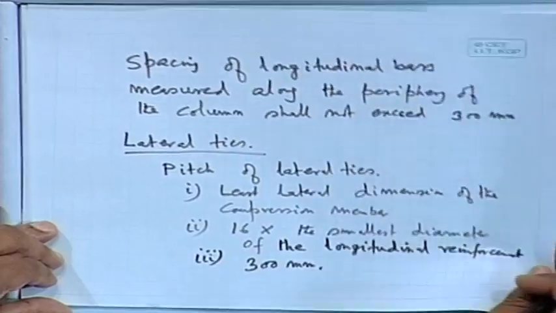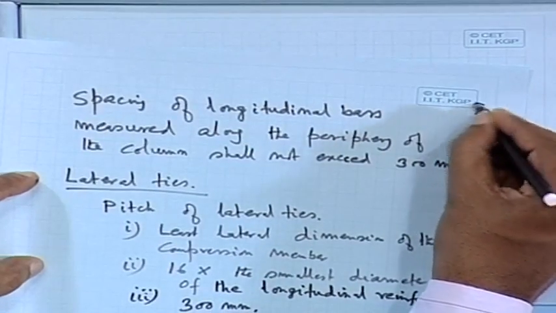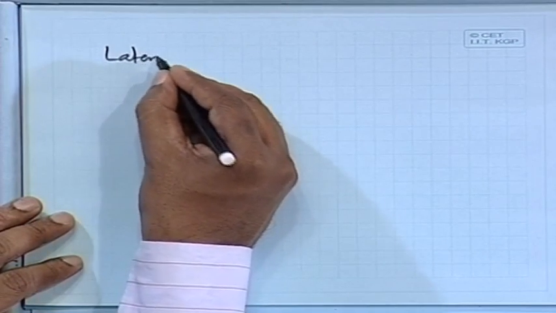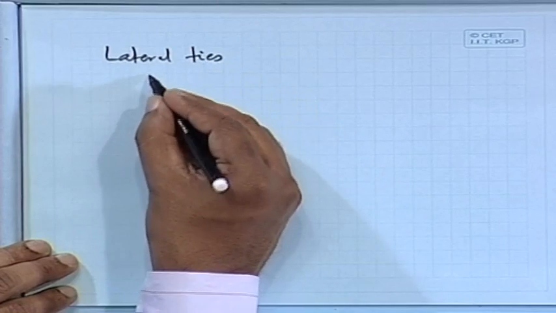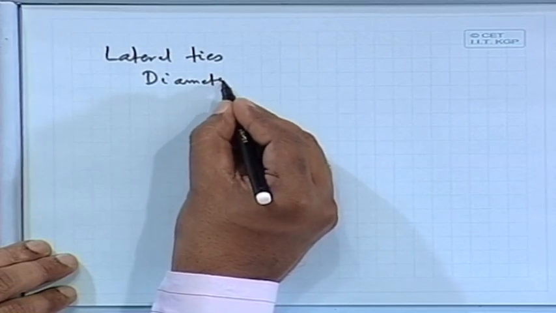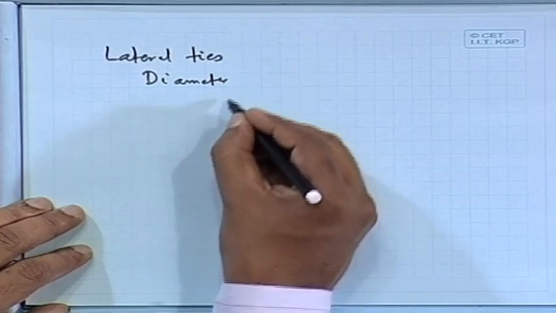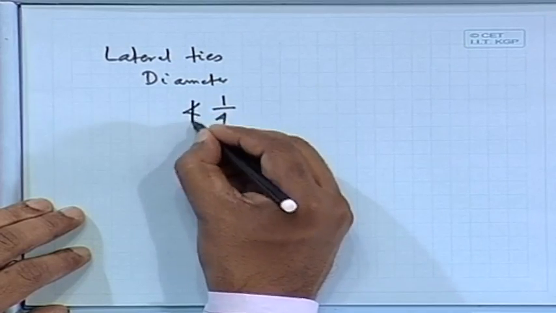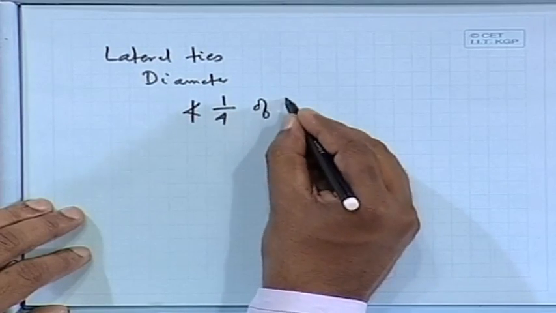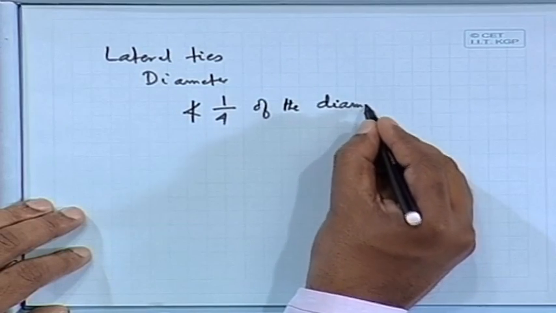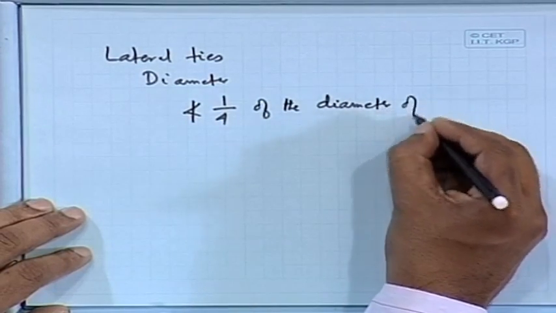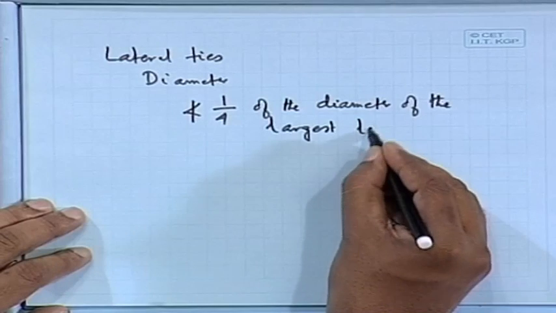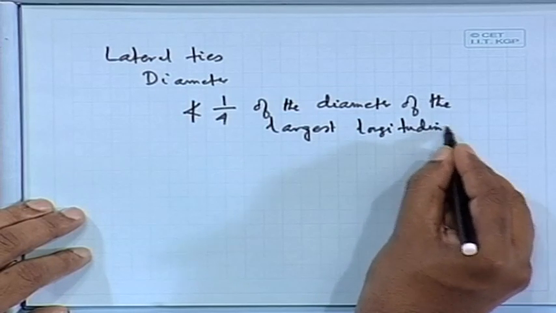But what about the diameter? The diameter should not be less than 1/4 of the diameter of the largest longitudinal bar.